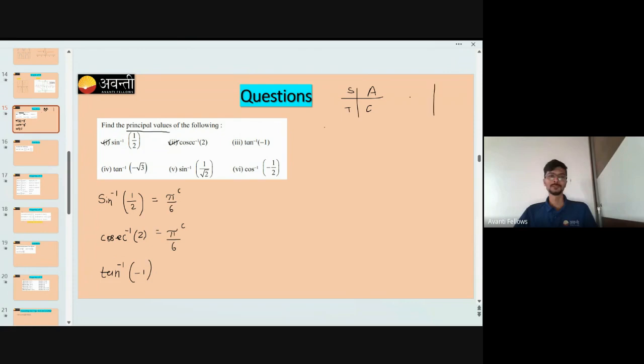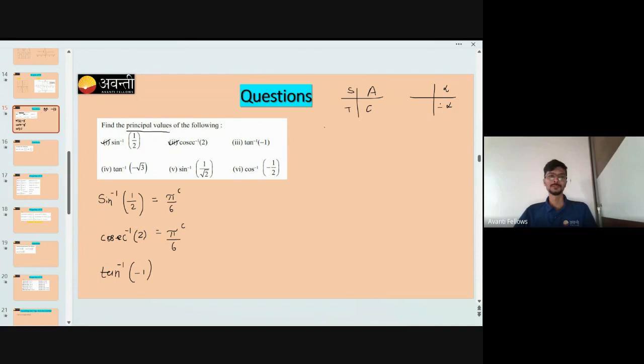Now again, this we have to remember: if the angle in the first quadrant is alpha, the corresponding angle in the fourth quadrant is minus alpha. So for negative values, it's very simple. Just get the angle in the first quadrant and accordingly we'll get the angle in the fourth quadrant by just adding a negative sign.